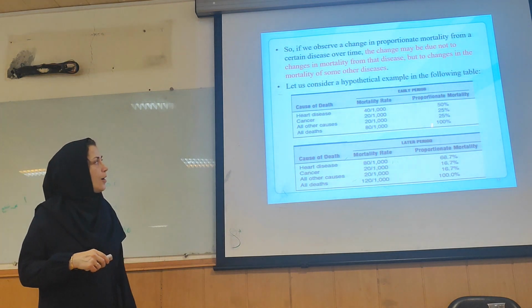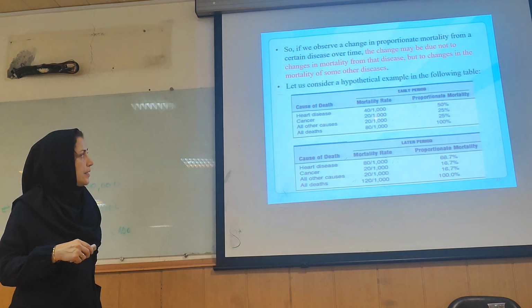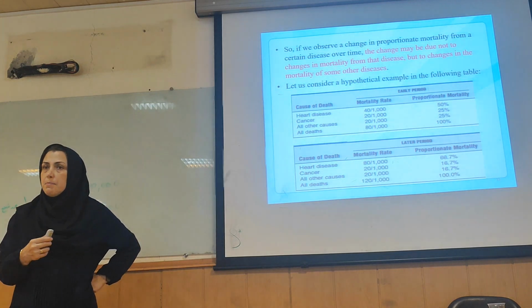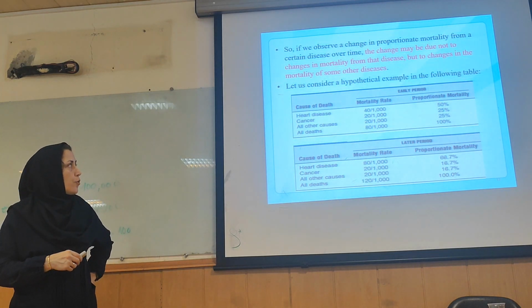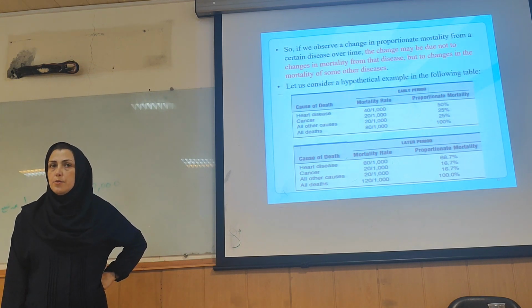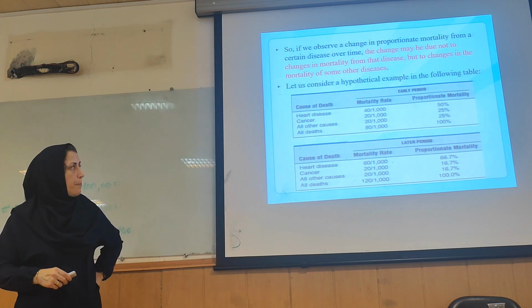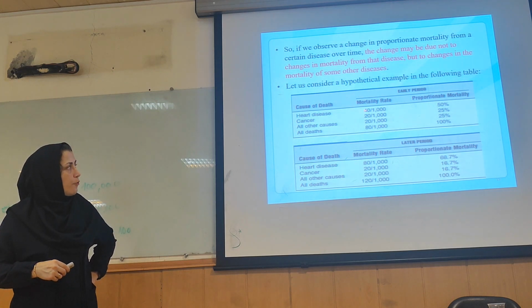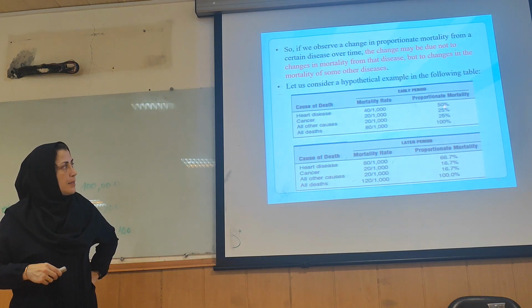Okay? How about proportionate mortality? Proportionate mortality means the proportion of deaths due to heart disease, which considers all of these. Okay? So 40 divided by 80 means 50%.